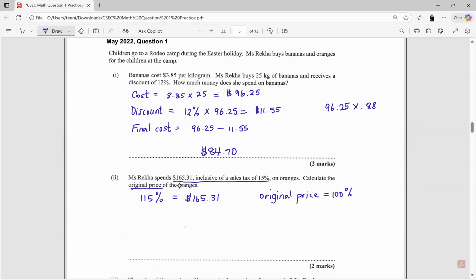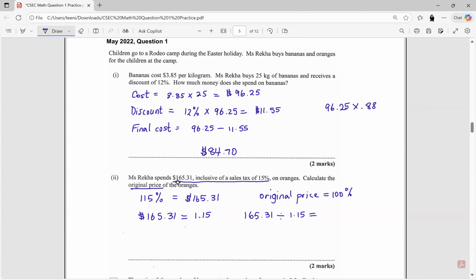So the easiest way to do it is to write 115% as a decimal. So in other words, 165.31 is equal to 1.15, right? So we want to find out what is one whole, just one. So to find the answer, you would have to say $165.31 divided by 1.15.